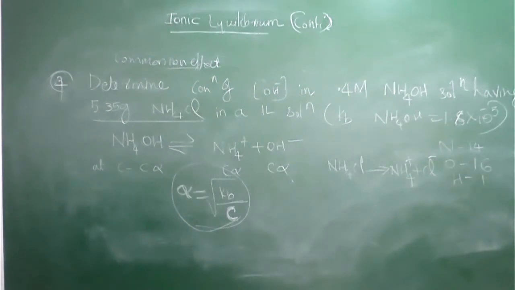1 by 2, it's not matching. Sorry. So here alpha is 0.4 alpha, right? Tell me here the alpha point.